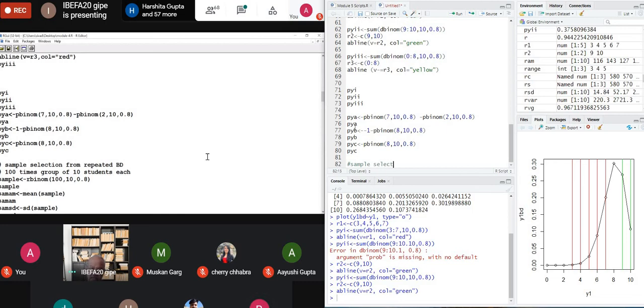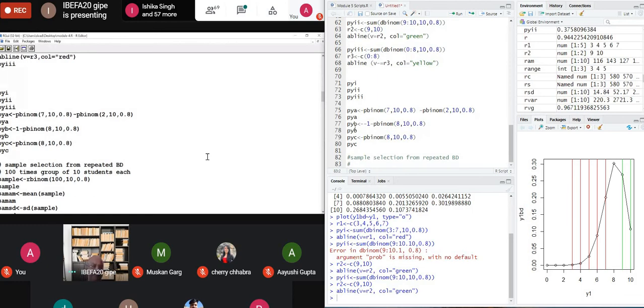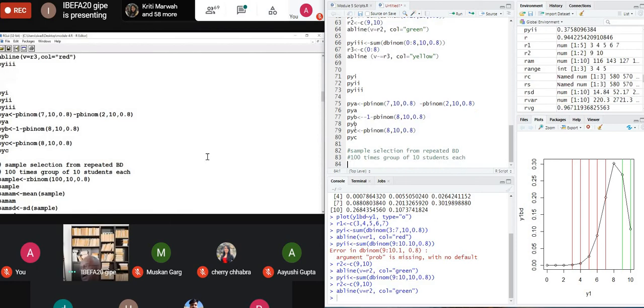Yes. Now we are left with R binom and Q binom. Be attentive. I want to choose 10 students out of 100.